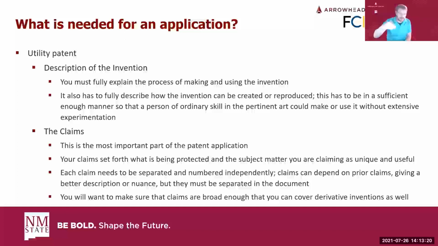They're not going to go through and just kind of throw out the entire application. What they're going to do is go through it on a claim by claim basis and examine each one of those claims by themselves. That's why you have to number them independently. But it's also why they need to be broad. That way you can cover derivatives of the invention.